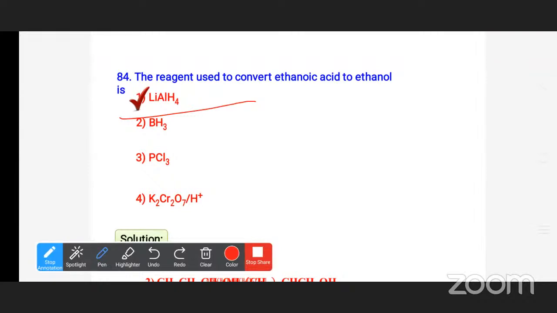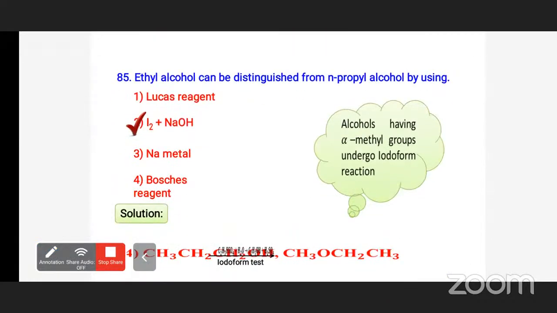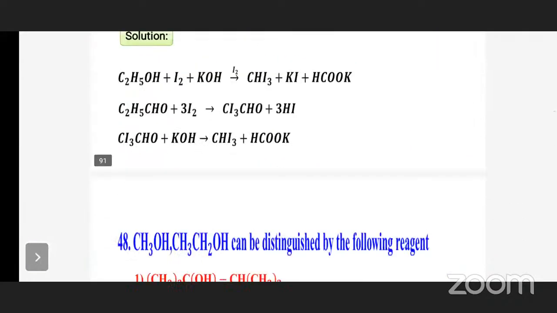The reagent that converts ethanoic acid to ethanol is lithium aluminum hydride. So the first one is the right option, lithium aluminum hydride. Next question.